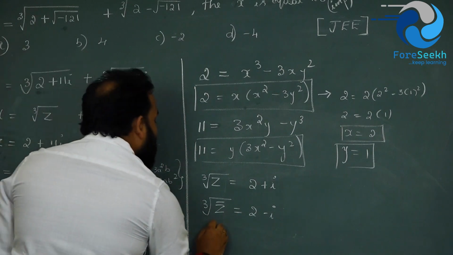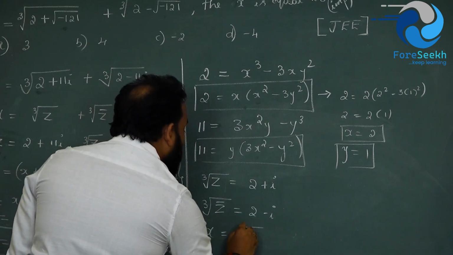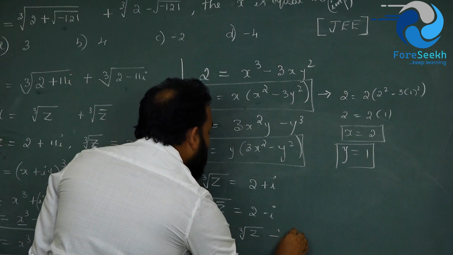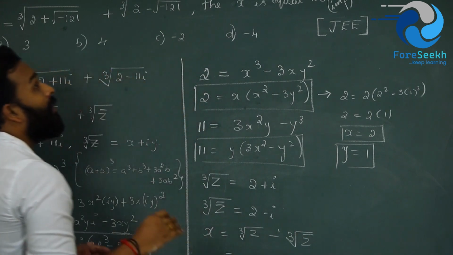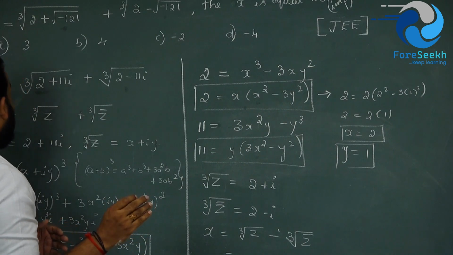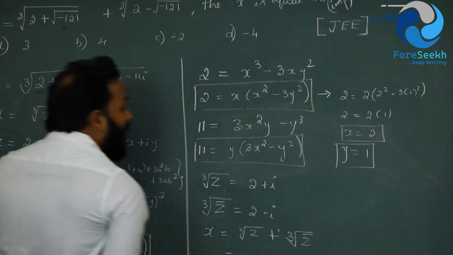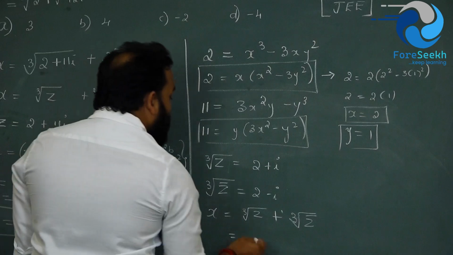So the x value is nothing but cube root of z plus cube root of z bar. So I can write it as x plus iy plus x minus iy, which will give you 2x.